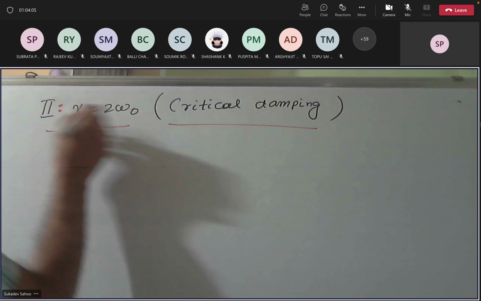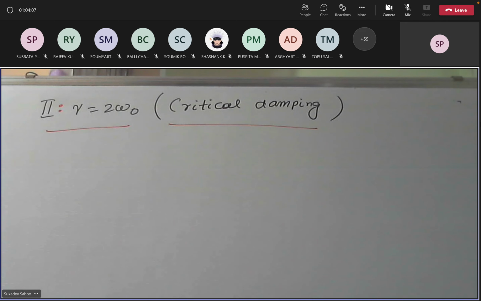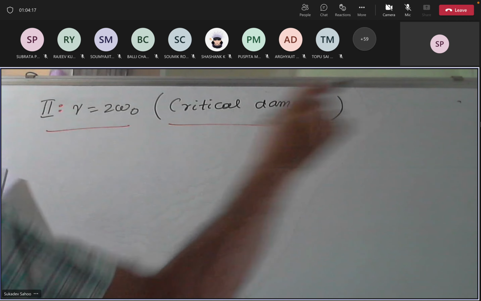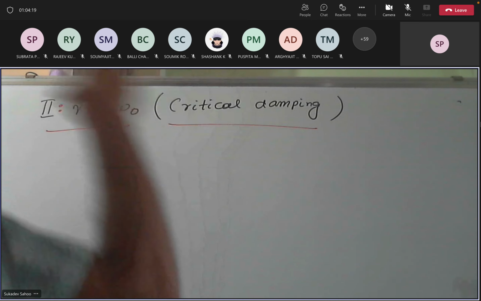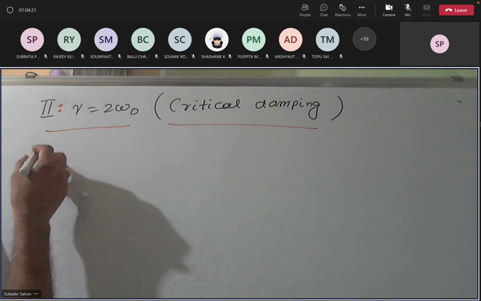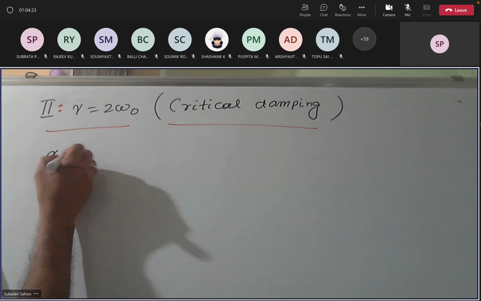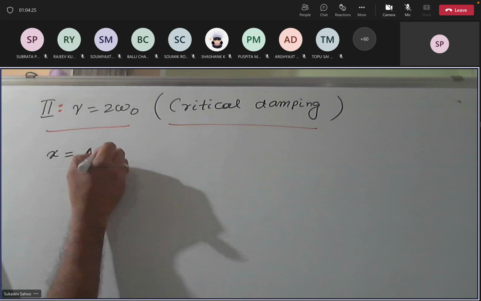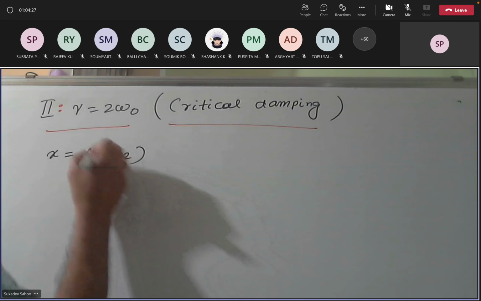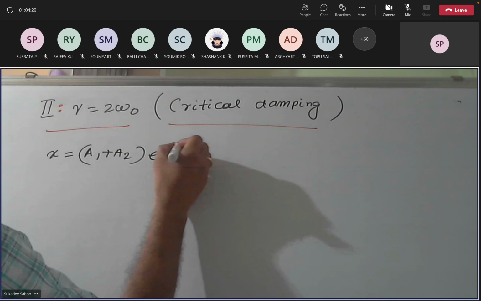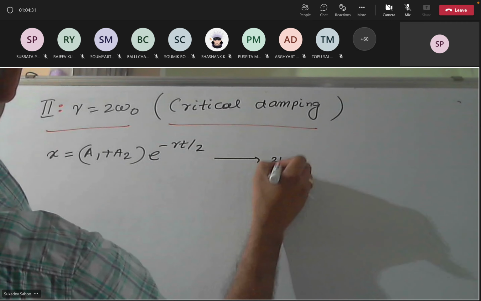Now we substitute gamma equal to 2 omega 0 in that general solution, that is, I think, equation number 16. Then you will see that that term, gamma minus 2 omega 0, will be 0. So we will get the general solution x equal to a1 plus a2 into e to the power minus gamma t by 2.